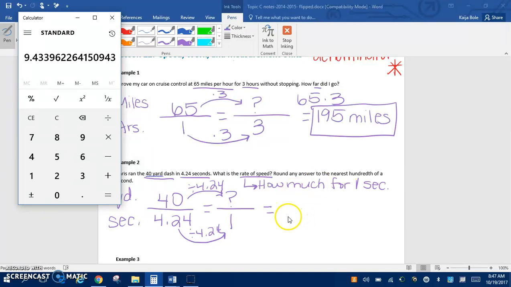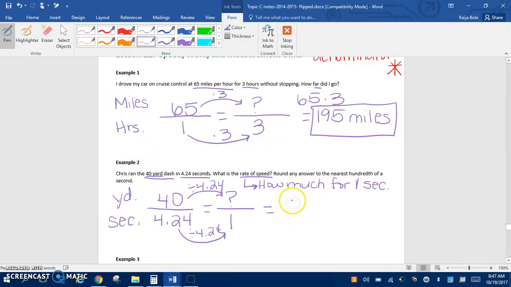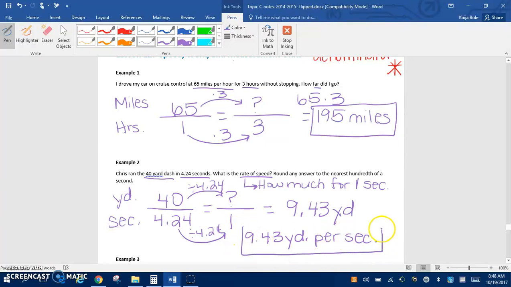It says round to the nearest hundredth, so that would be 9.43 yards. But they're asking for the rate, so our answer would be 9.43 yards per second. Always answer the question that they're asking you.